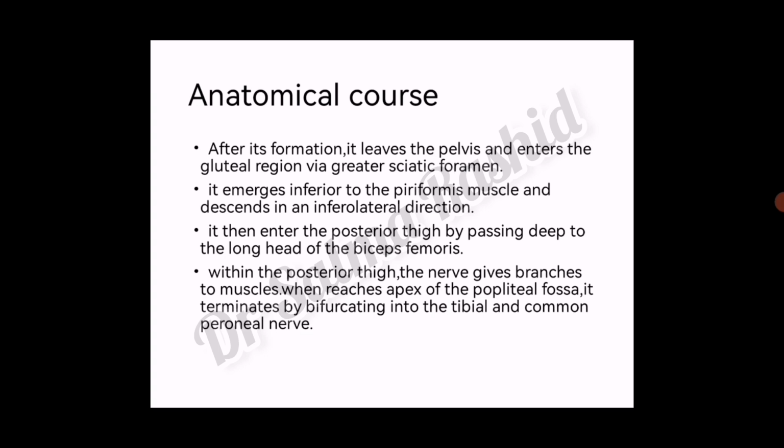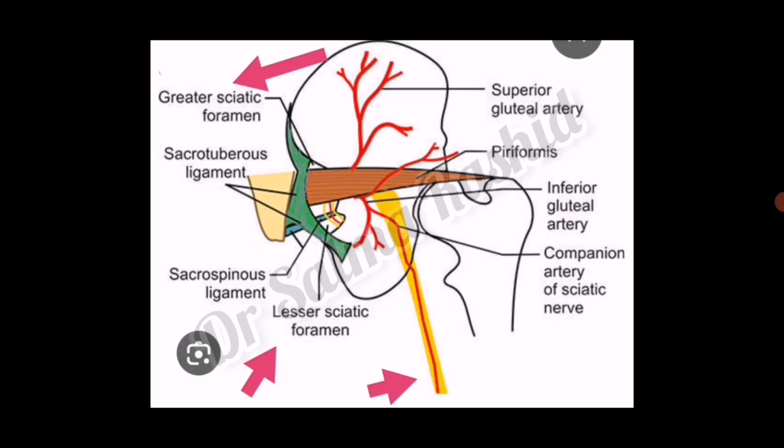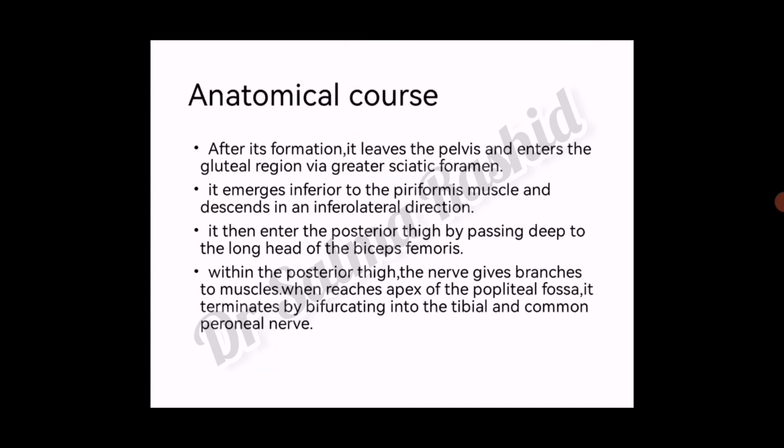It emerges inferior to the piriformis muscle and descends in an inferior lateral direction. Here you can see the sciatic nerve passes inferior to the piriformis muscle and moves downward and lateral.